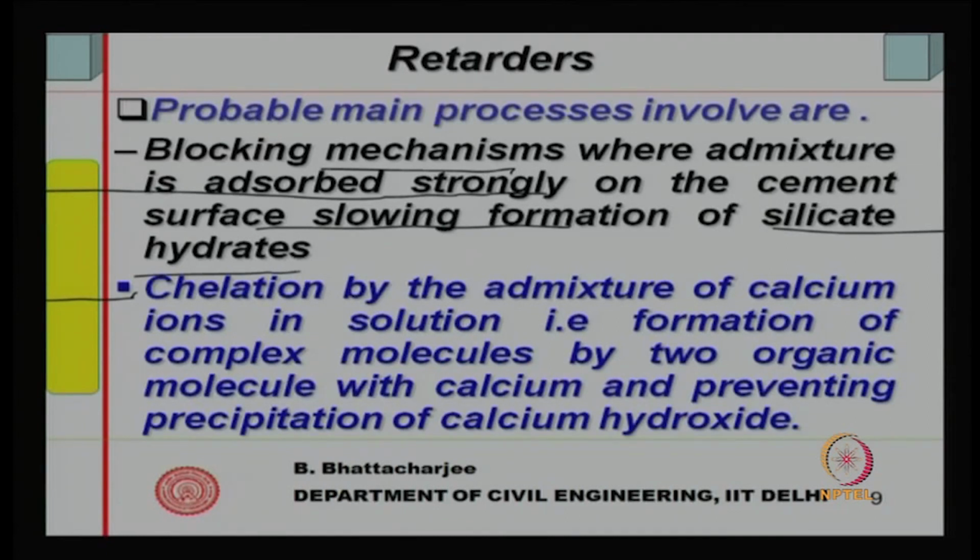So, calcium hydroxide precipitation is prevented. Now, if calcium hydroxide cannot precipitate, therefore the reaction cannot go on.